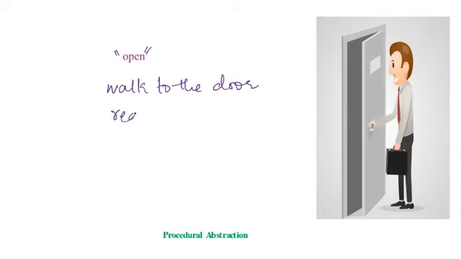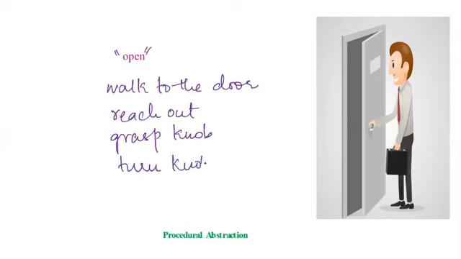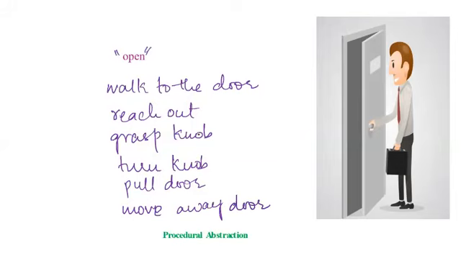Then you reach out to the door so that you can grasp the knob. Then turn the knob, pull the door, and then move away from the door. These are the sequence of steps that need to be followed whenever you're considering the term open for a door.